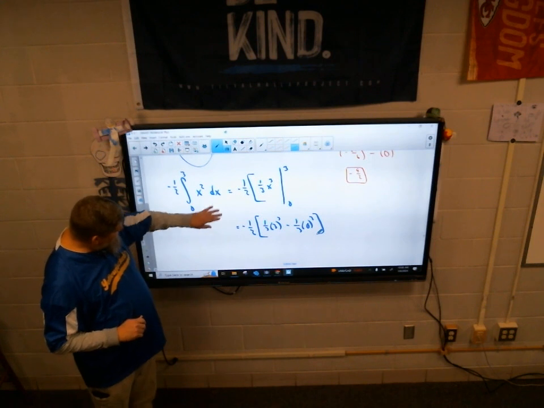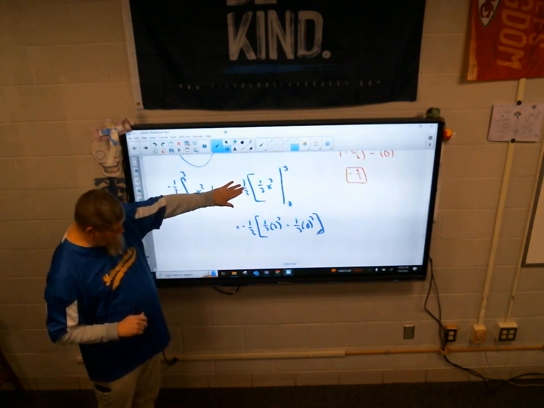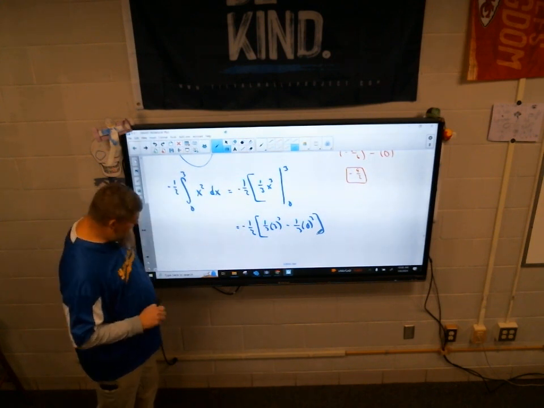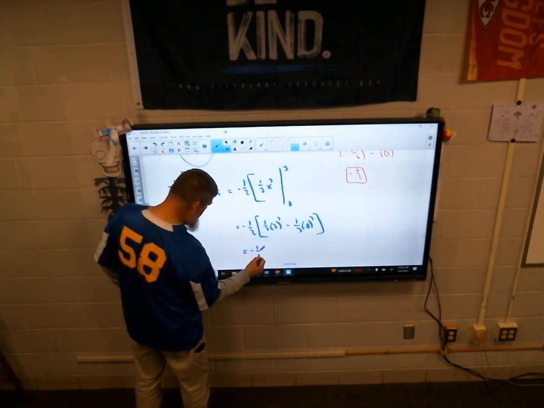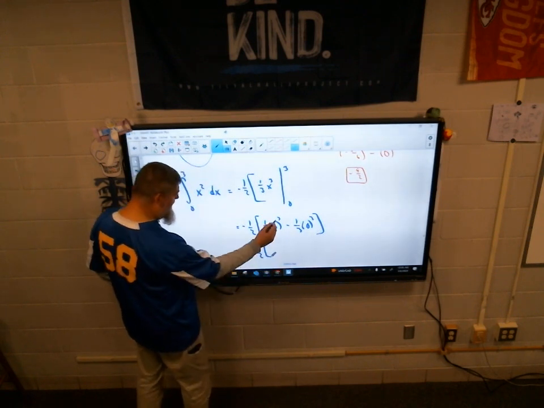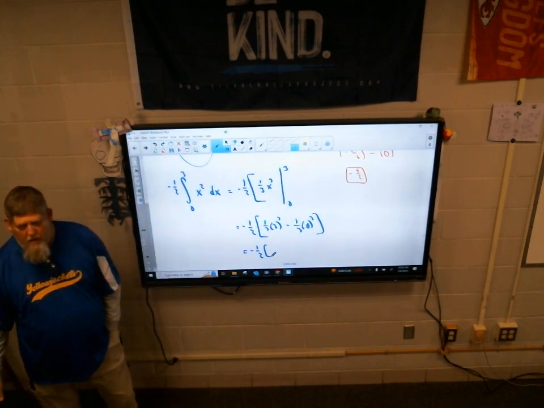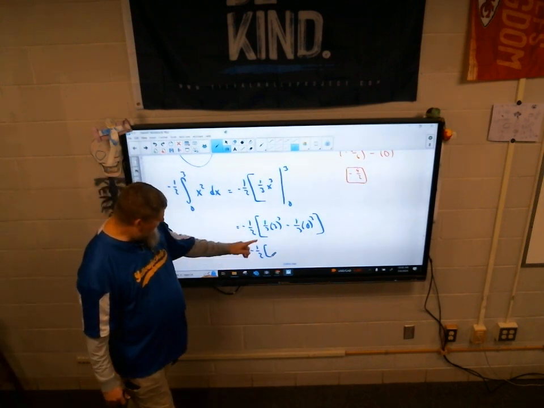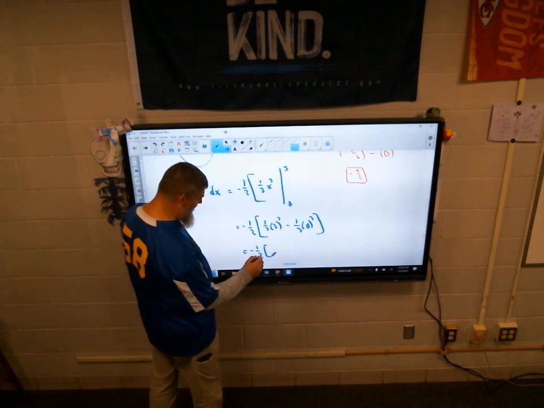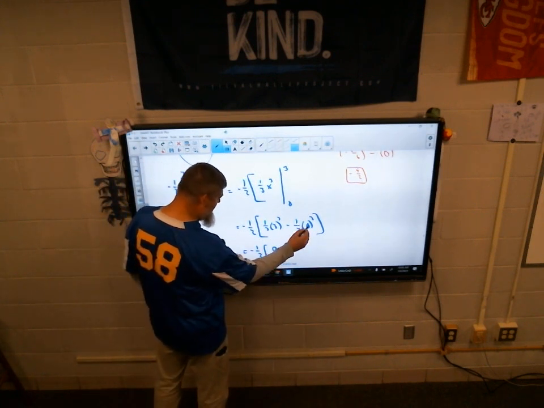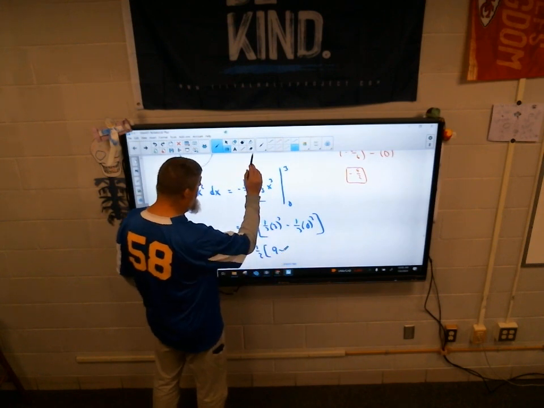Exact same walkthrough. The only difference is that on this one, this constant I'm going to keep out front. What is 3 cubed? 27. Divided by 3? 9. And we know the second part is all going to become 0, so that's just going to be 9.